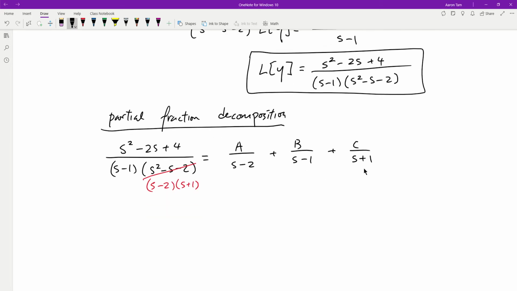And if I combine these 3 fractions on the right-hand side together, I would have this.